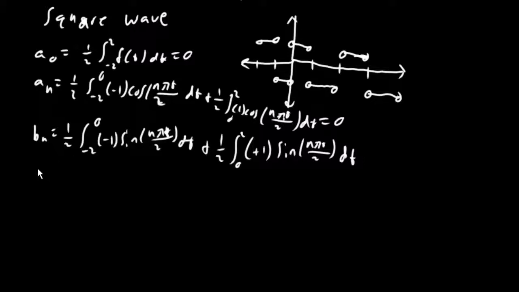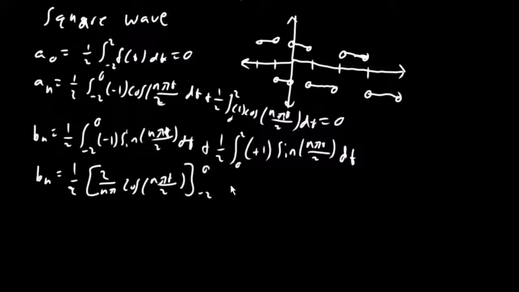And if we carry out this integral, we'll find b sub n is equal to 1/2 of this evaluated at, well, 2 over n pi cosine n pi t over 2 evaluated from -2 to 0, plus 1/2 of -2 over n pi cosine n pi t over 2, well, evaluated from 0 to 2.